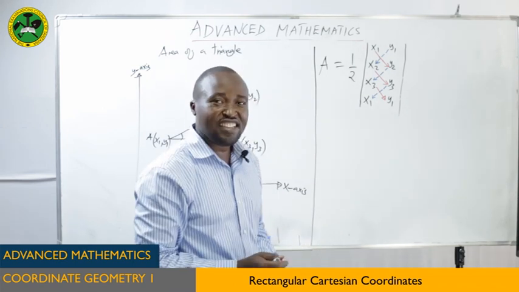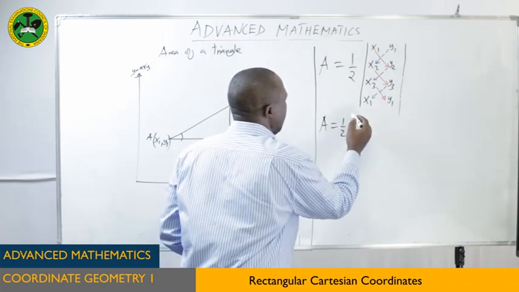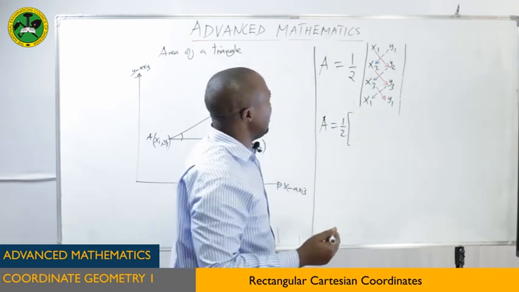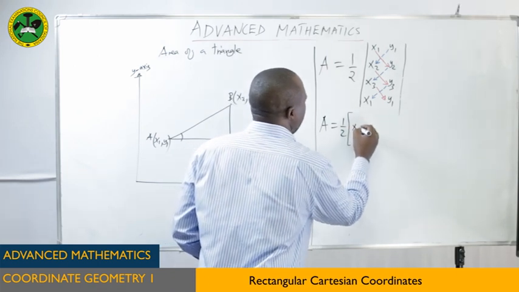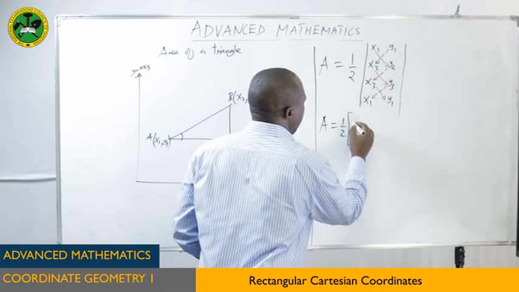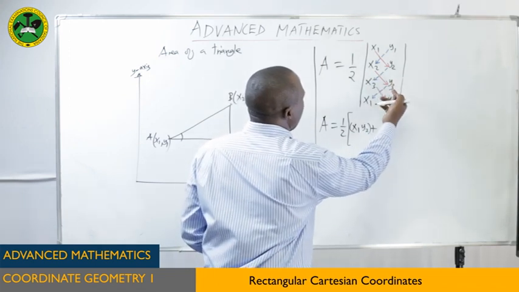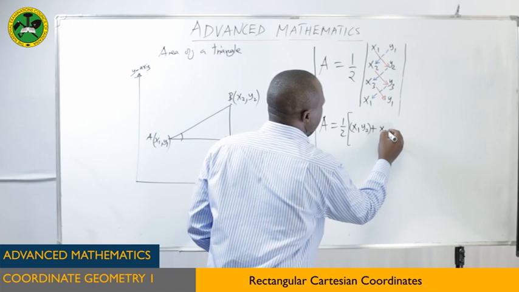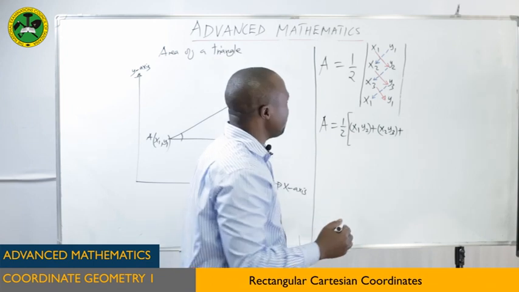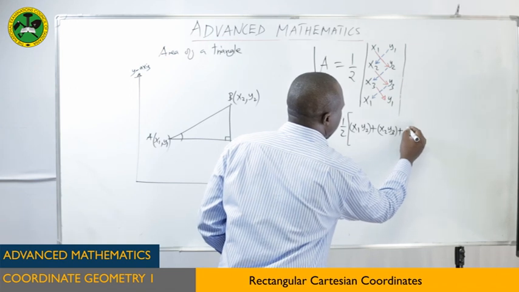Therefore, the area of a triangle, that is A, will be equal to a half. Then we use the bracket. We start with the arrows. That is x1 times y2, plus x2 times y3, then x3 times y1.